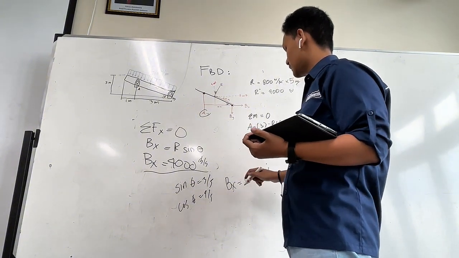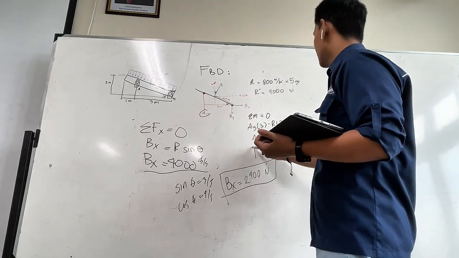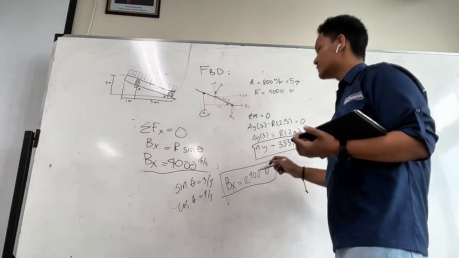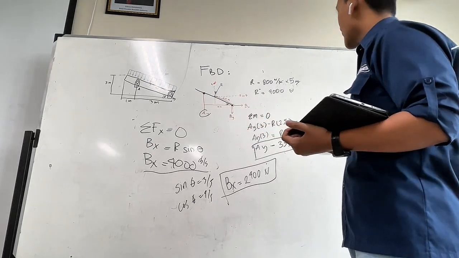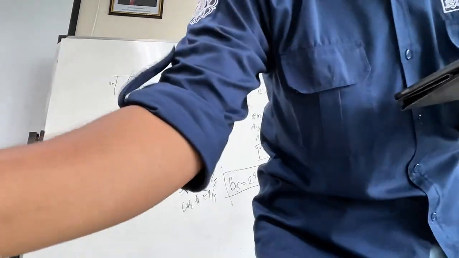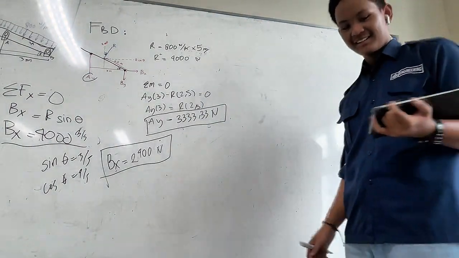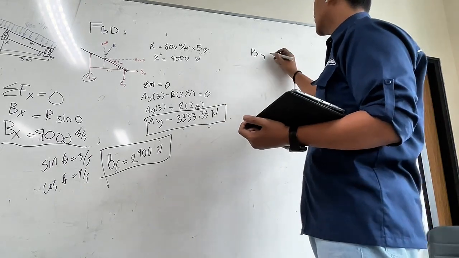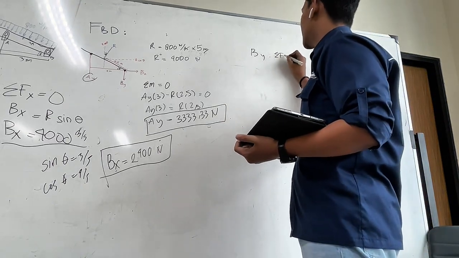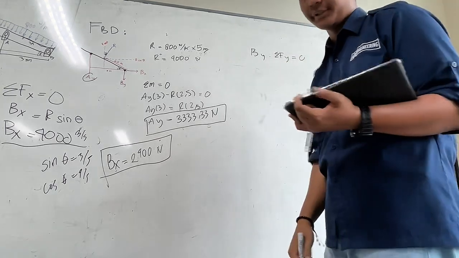So we found 2 out of 3 of the resultants. Now we need to find one more resultant, which is B on the y-axis. We can determine it from all forces applied on axis y, which is also 0 since it's an equilibrium.